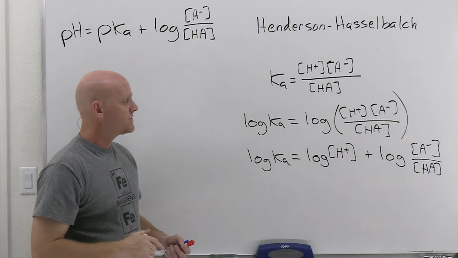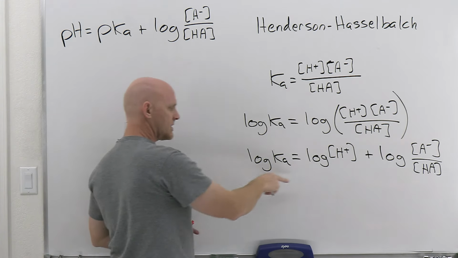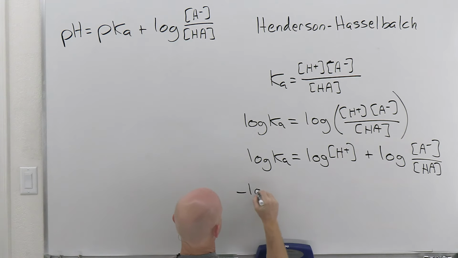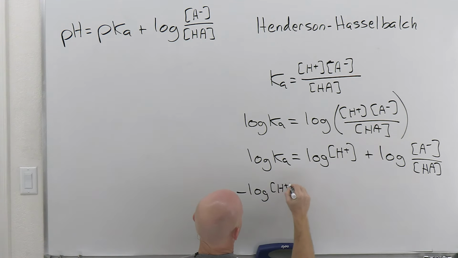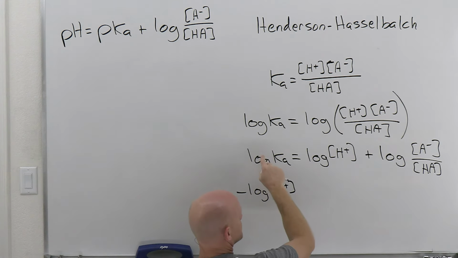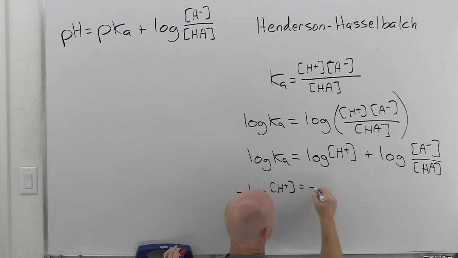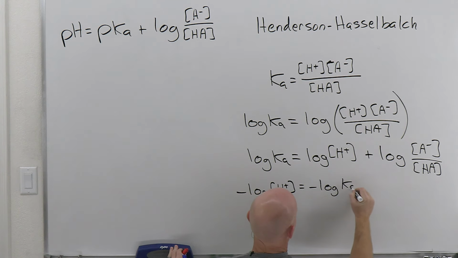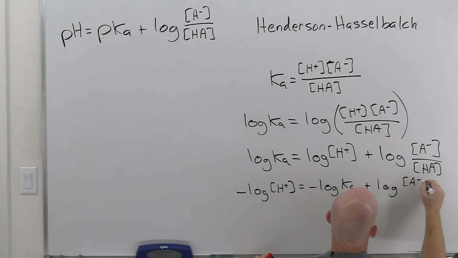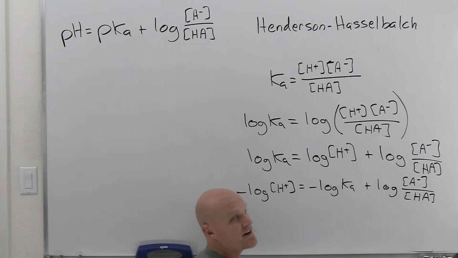Now we're getting a little bit closer, and what we're going to do is subtract this term off from both sides so that it shows up as negative log of H plus on this side, and then we'll subtract log of Ka from both sides. It'll disappear from this side, but end up as negative log of Ka on this side, and then again plus log of A minus over HA, and we're effectively there.